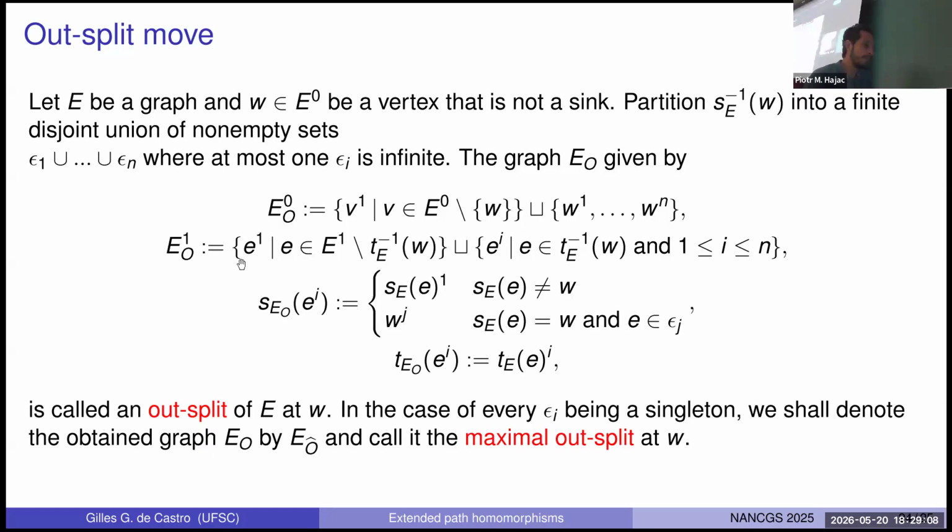So it's just the original source of e if the source is not w. And when it is w, we look at where in the partition this e belongs. So if e belongs to epsilon j, then we choose this w_j to be in this partition.